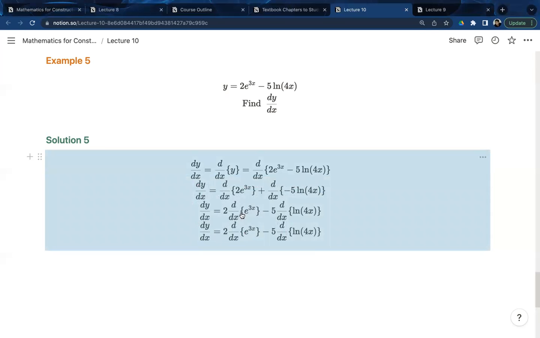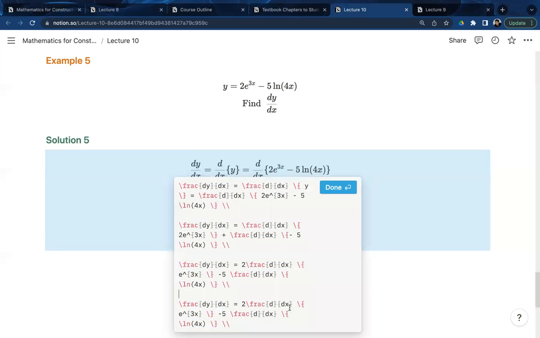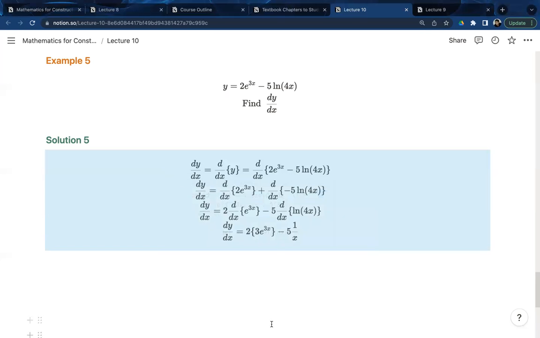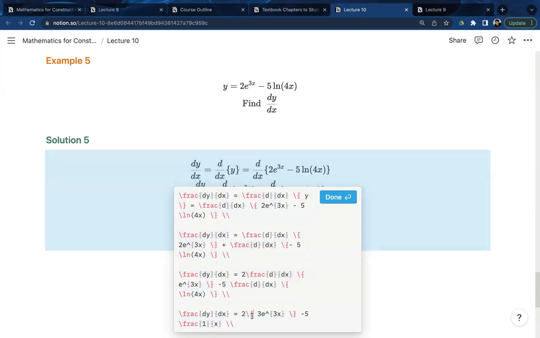The derivative of e^(3x) is 3e^(3x). And the derivative of ln 4x is 1 over x. Right? So I could put this in brackets.